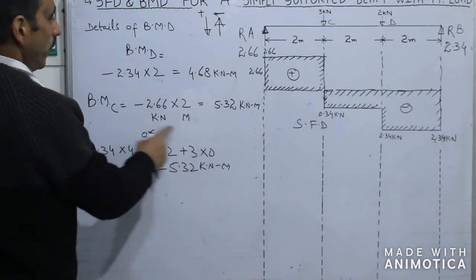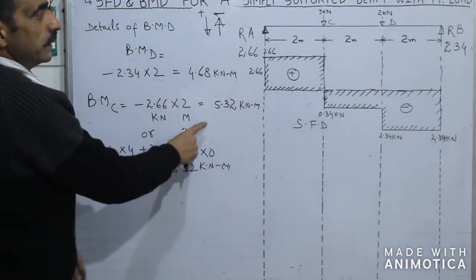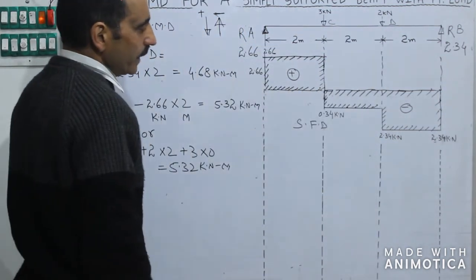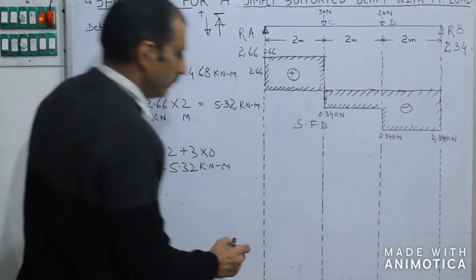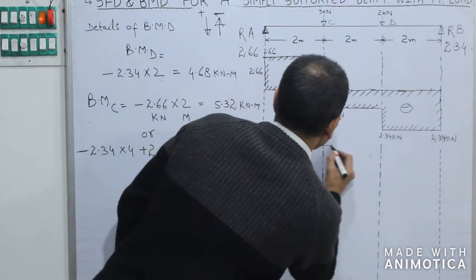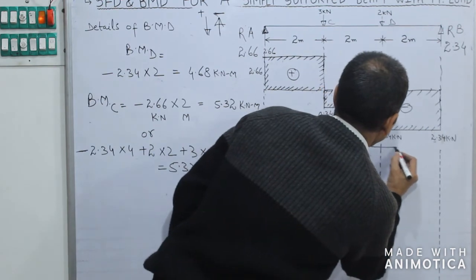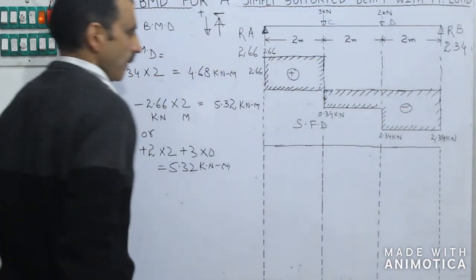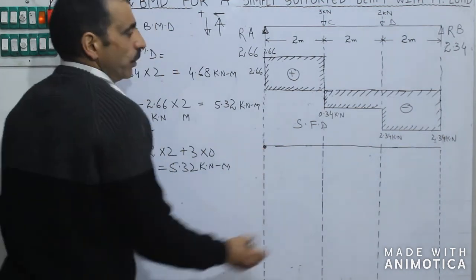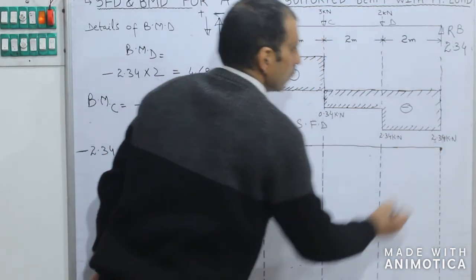This is bending moment at D and this is bending moment at C. Now after that I will draw the bending moment diagram. Again draw a neutral line or reference line. We know bending moment at A is 0 and bending moment at B is 0.